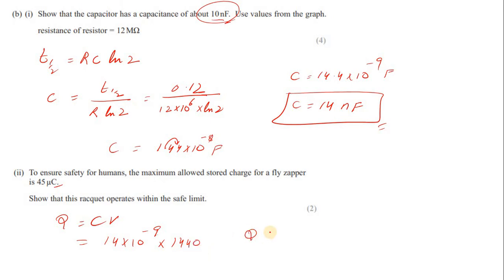So the charge is 2.016 into 10 to the power minus 5 coulomb, and you shift here. So this is 20.16 or 20.2 into 10 to the power minus 6, microcoulomb, which is less than 45 microcoulomb. So yes, it is safe.